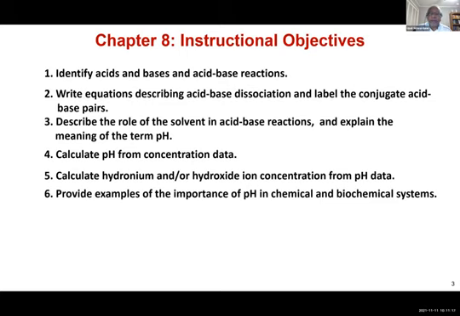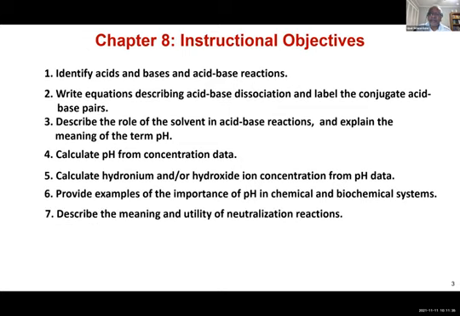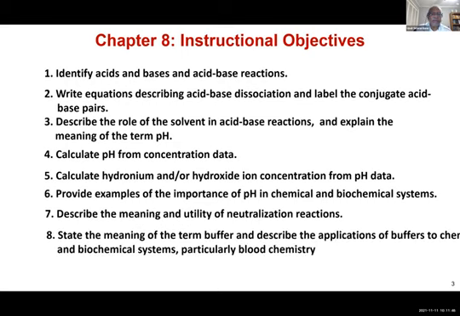Provide examples of pH in chemical and biochemical systems. Describe the meaning and utility of neutralization reactions. That's the acid-base reaction. The utility is, if you spill acid, you need to neutralize it with a base. What kind of bases could be used? So we're going to talk about that.